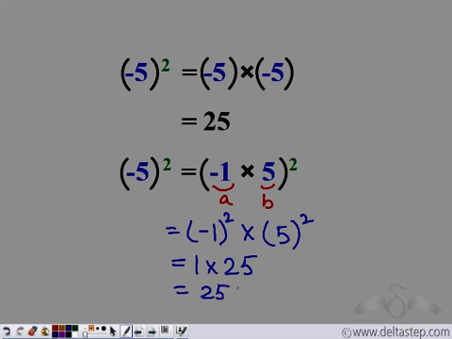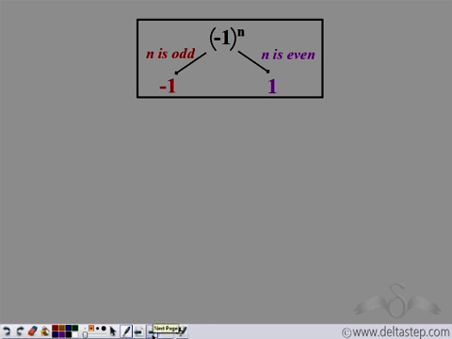Now let us generalize this. We already know that if negative 1 is raised to the power n, then we have negative 1 if the power is odd and positive 1 if the power is even. Say we have an exponential number, negative a raised to the power n.